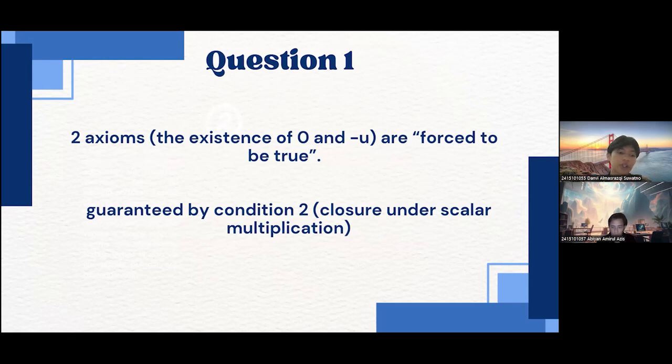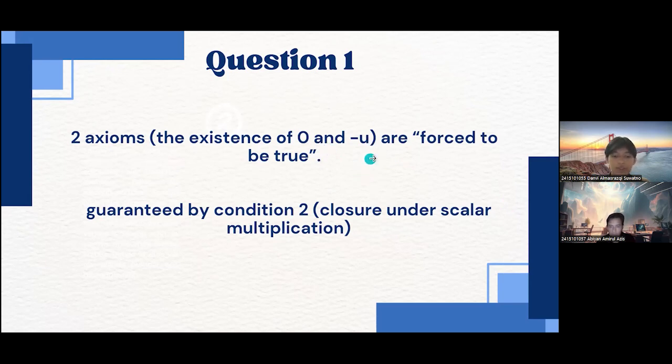Then 2 axioms are forced: the existence of the zero vector and of minus U are forced to be true.